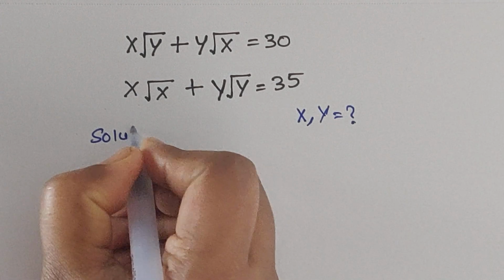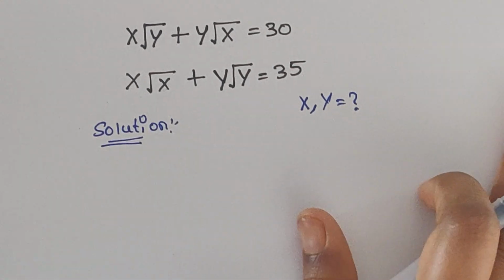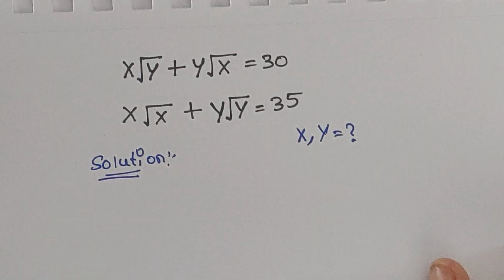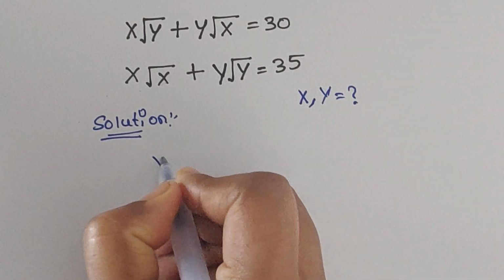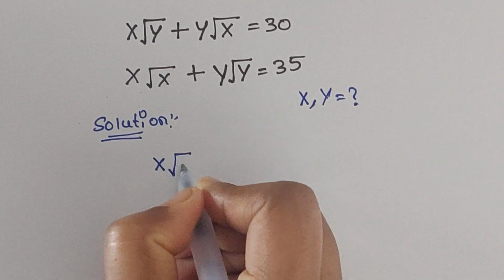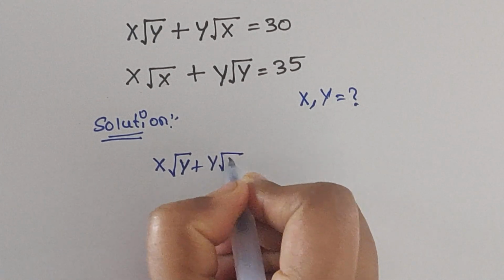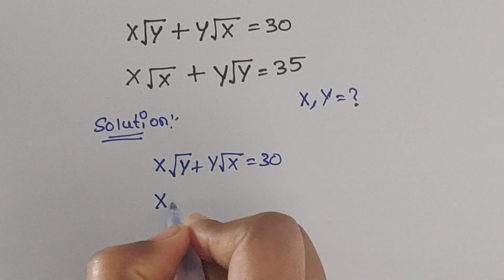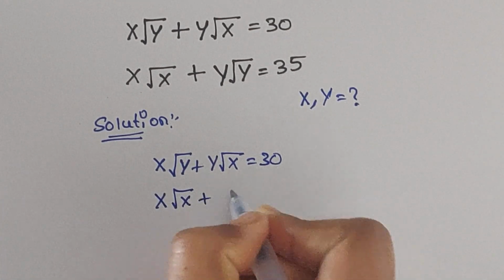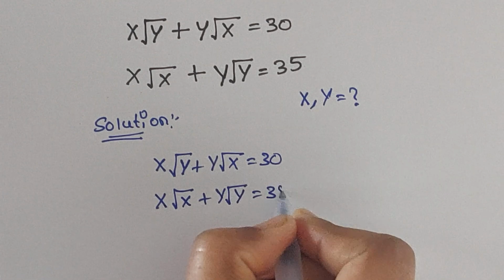Solution. So we have given two equations. First one is x times square root of y plus y times square root of x equal 30, and second one is x times square root of x plus y times square root of y equal 35.